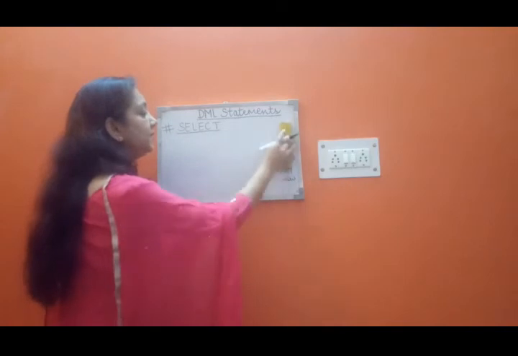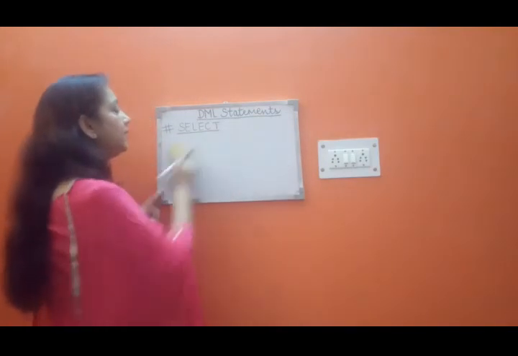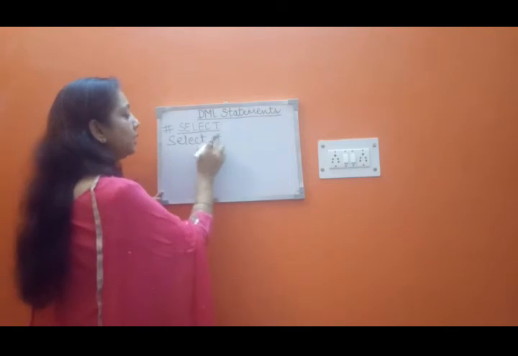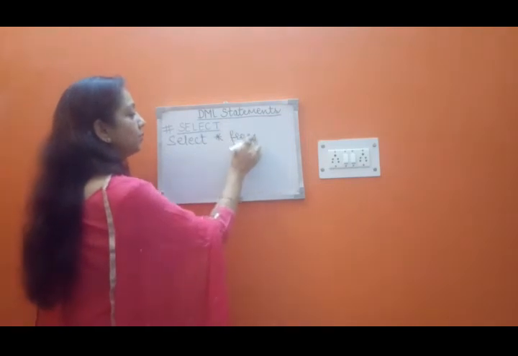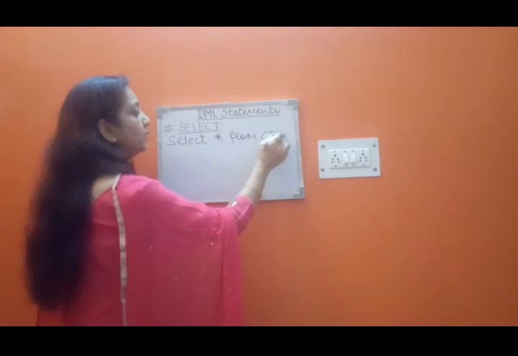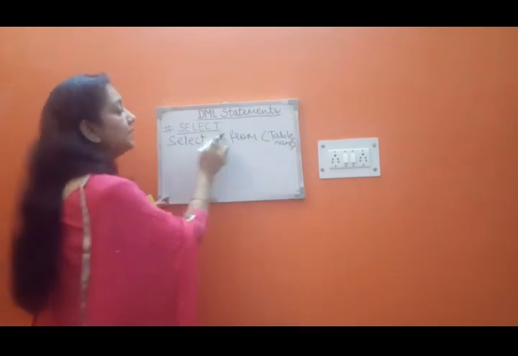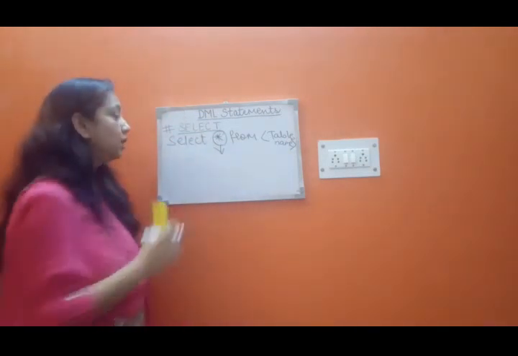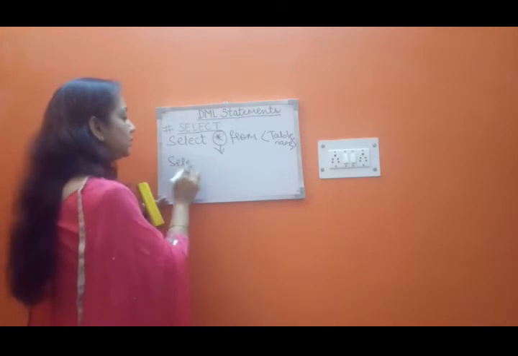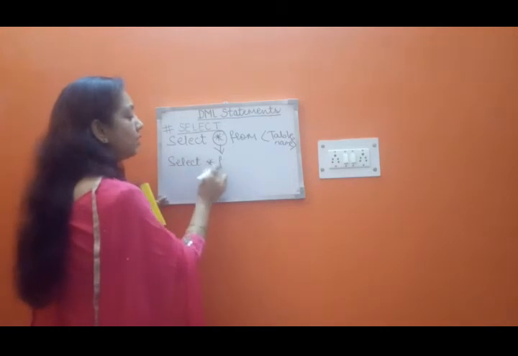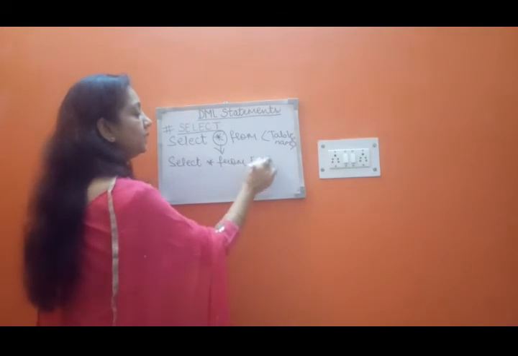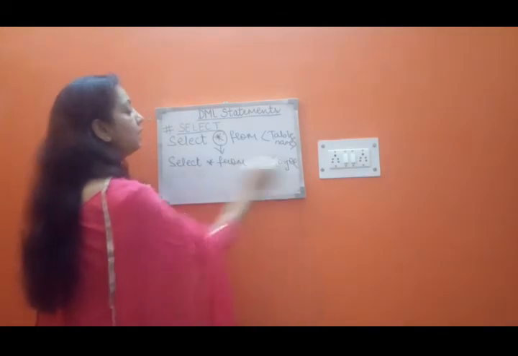First of all, we will see the syntax of the select DML statement. The syntax says select star from, and you have to specify the table name. Star basically helps you to show all the rows of the particular table. So I say select star from, say, a table named employee.